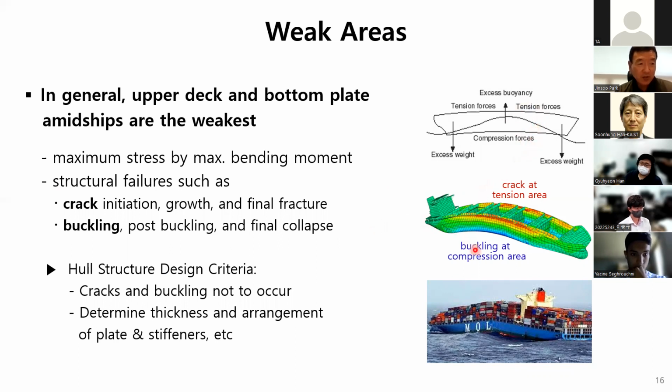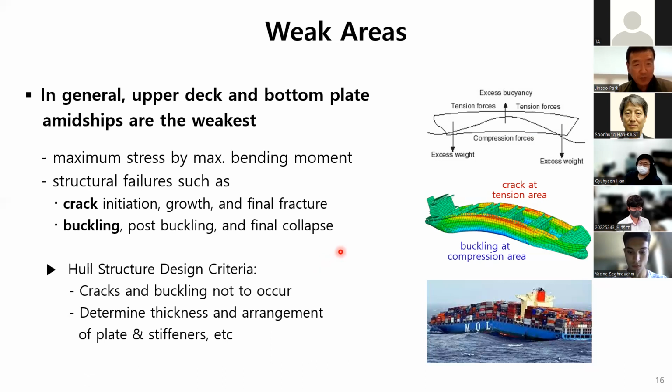Sometimes structure results in structural failures such as cracks or buckling. Cracks may initiate, grow in time slowly, and finally become final fracture. Sometimes large stresses may induce plate and beam to buckle locally. I mean large deformation.